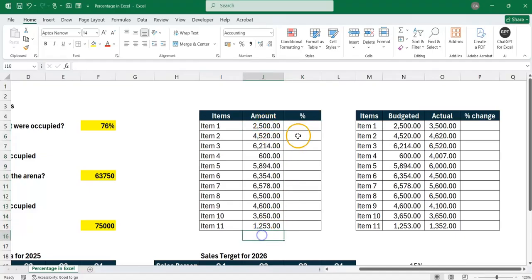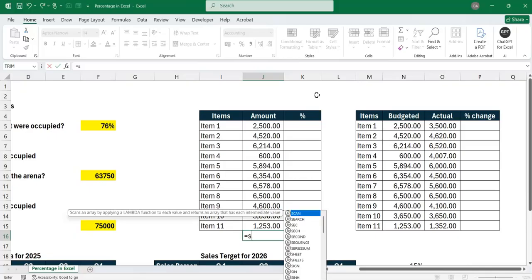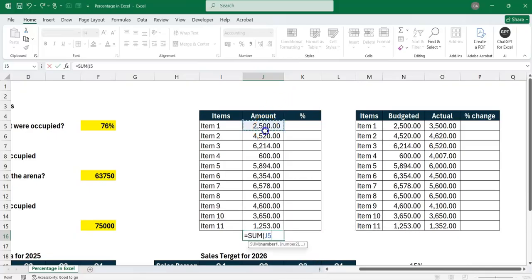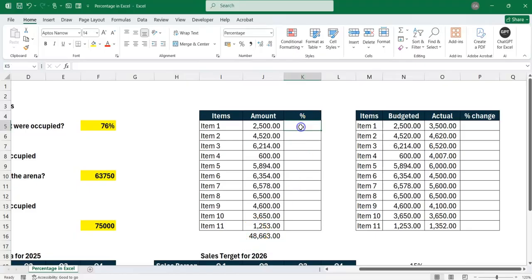There are two ways we can go about this. We can find the sum total of all these items. We have it to be this, and then we say equals this particular amount, we divide it by this total, and we press enter, and we have 5%. But I cannot drag this down, as it will give me an error. So I go back into my formula.